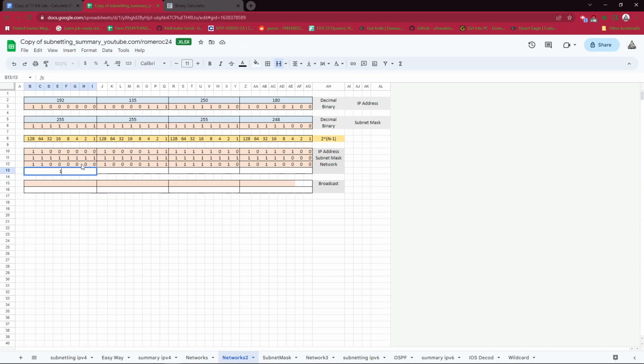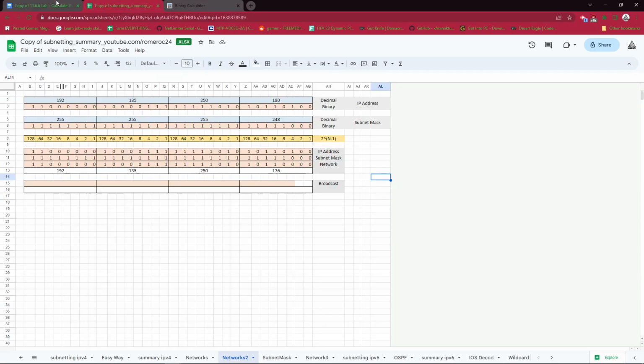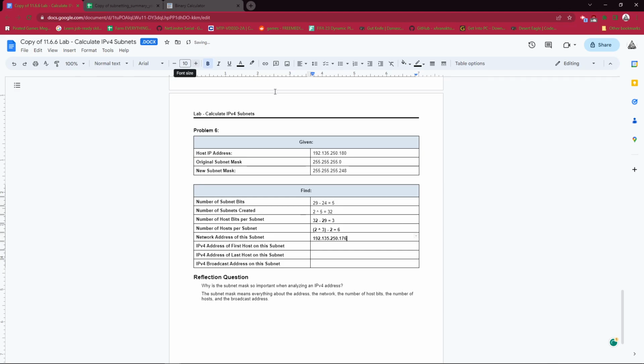So this will be 192, this will be 135, this is 250, and this one is 128 plus 32 plus 16, so the answer is 176. Then paste it back right here: 192, 135, 250, and 176.